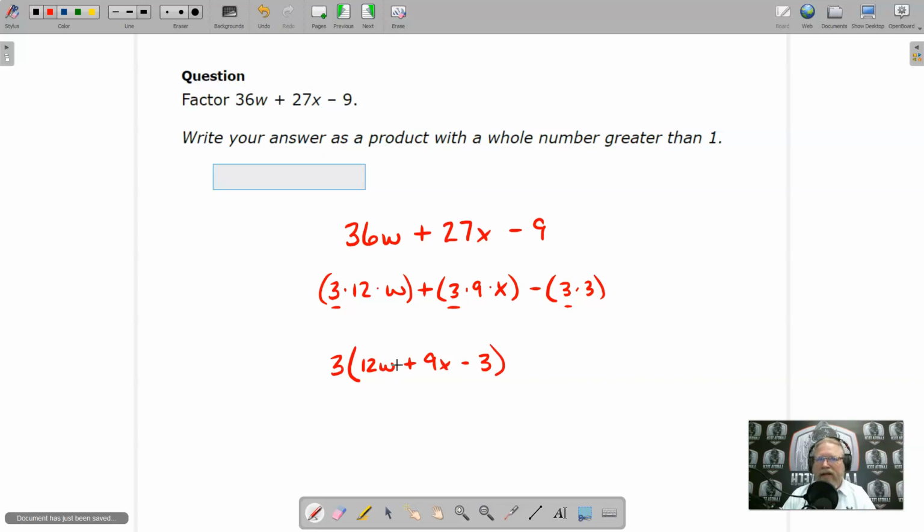Now, are we completely finished? Well, not really, because 12, 9, and 3 all have a common factor of 3. I could pull those out even further, and let's go ahead and do that.